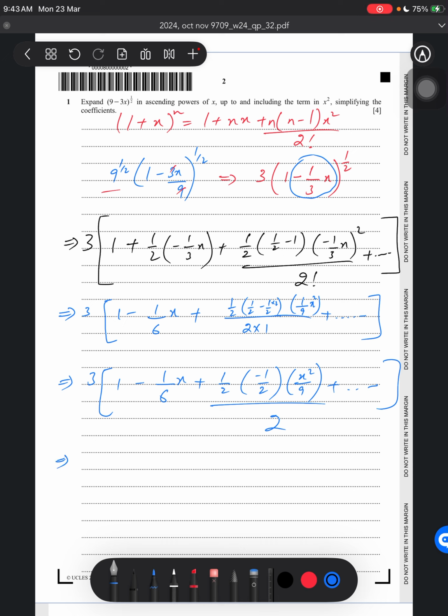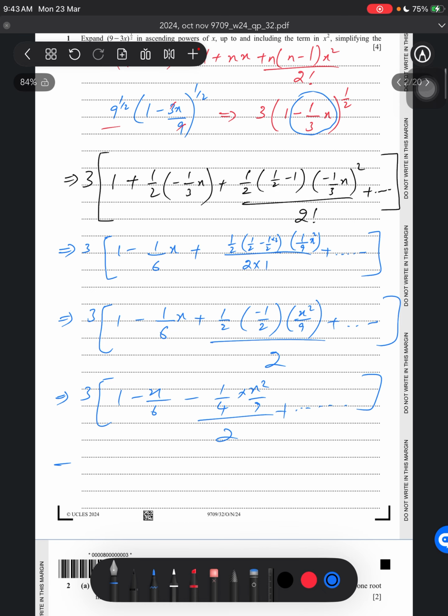So you would have minus x over 6, and this would give you just minus because you would have 1 over 4 times x squared over 9 over 2. So 1 minus x over 6, and this would be 36, and over 2, this 2 would also come and multiply with this.